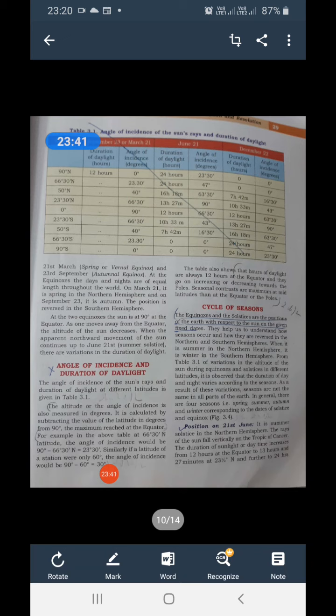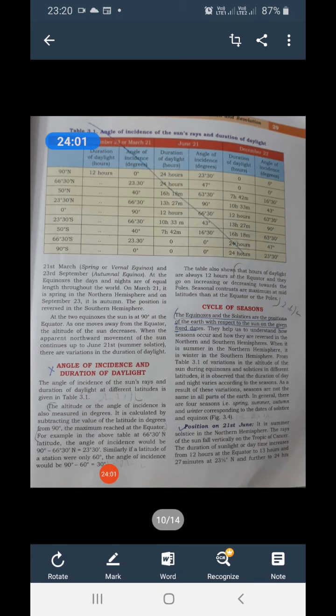That is June 21st and September 23rd. And then we have December 22nd and March 21st. So solstice occurs twice, that is June 21st and December 22nd. And equinoxes, we have March 21st and September 23rd.